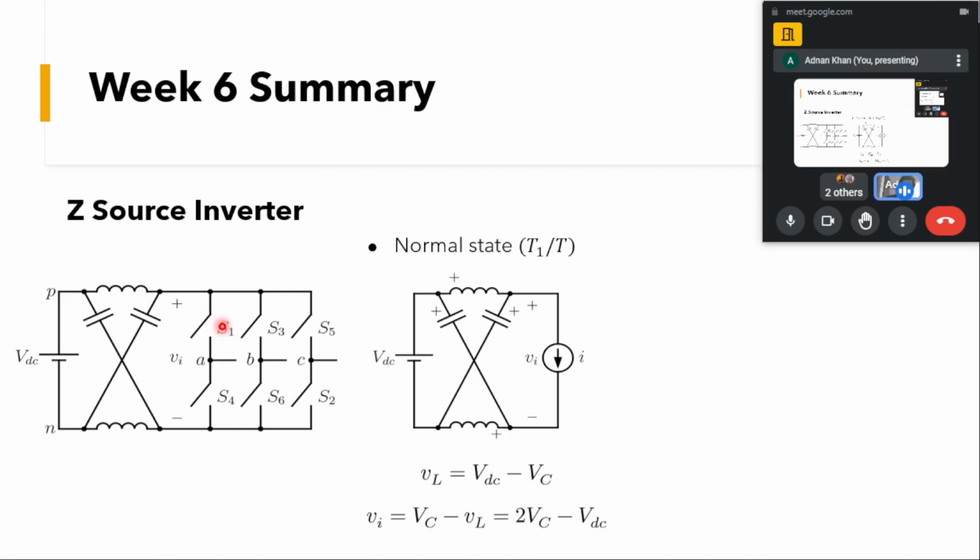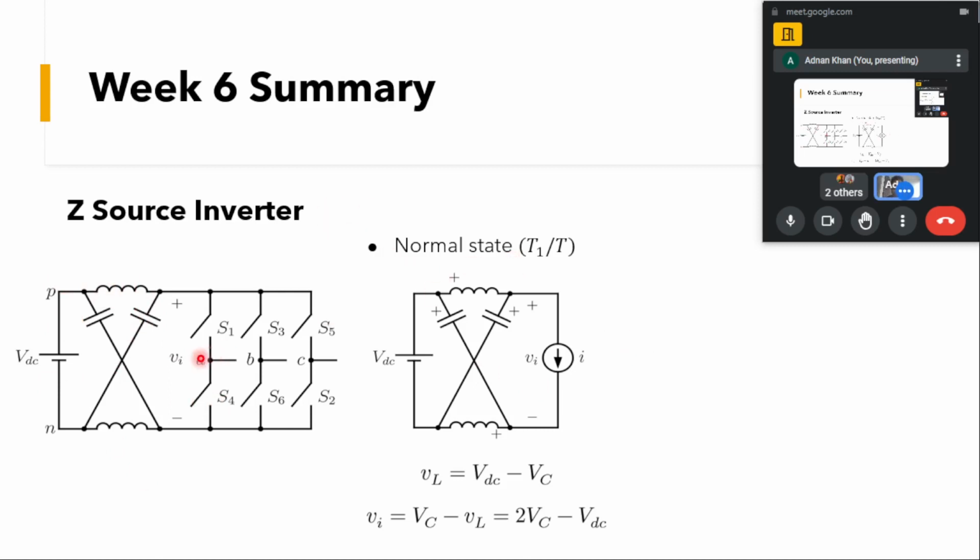And compared to the VSI, we saw that we cannot turn on S1 and S4 simultaneously in a VSI, because then the source would have been shorted. But here we can turn on S1 and S4 because we have some impedance, and the current will flow through it. That I'll be showing, that will be the shoot through state that I'll be discussing after this normal state.